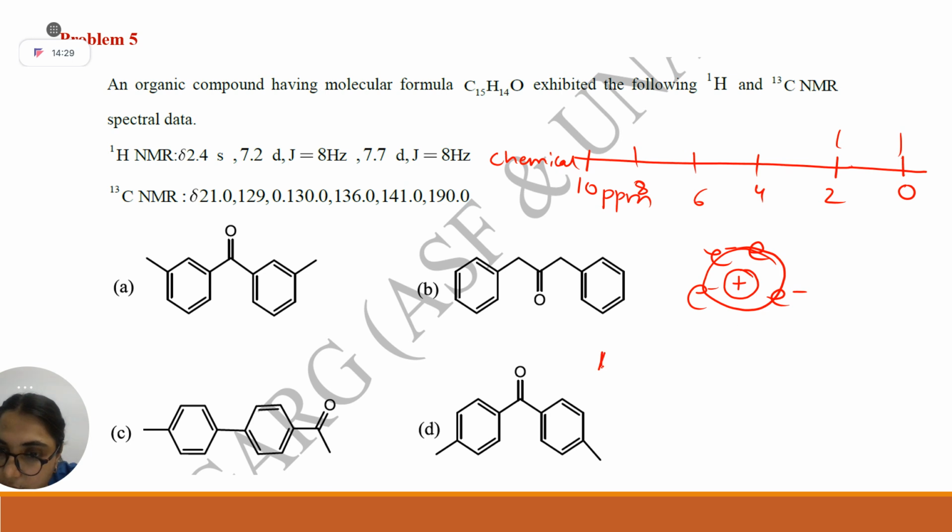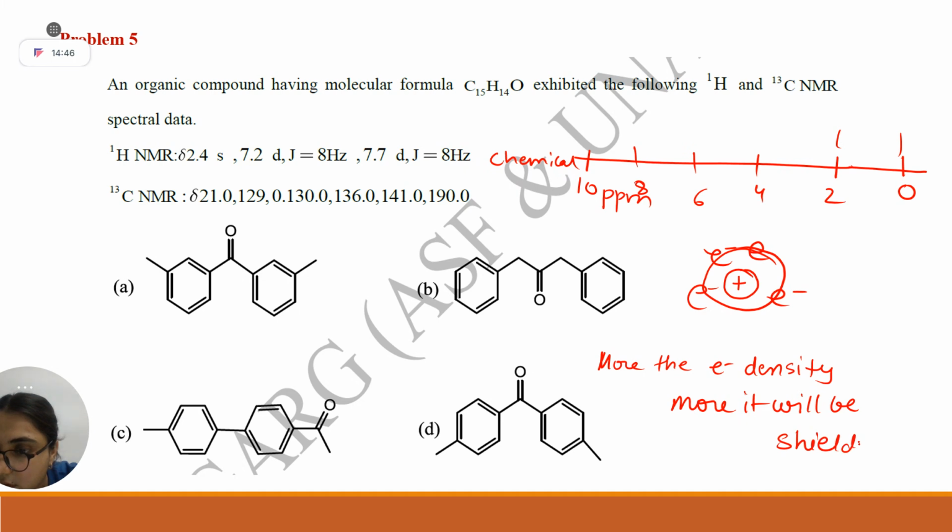The more the electron density, the more it will be shielded. As electron density decreases, your proton comes in the de-shielded region.